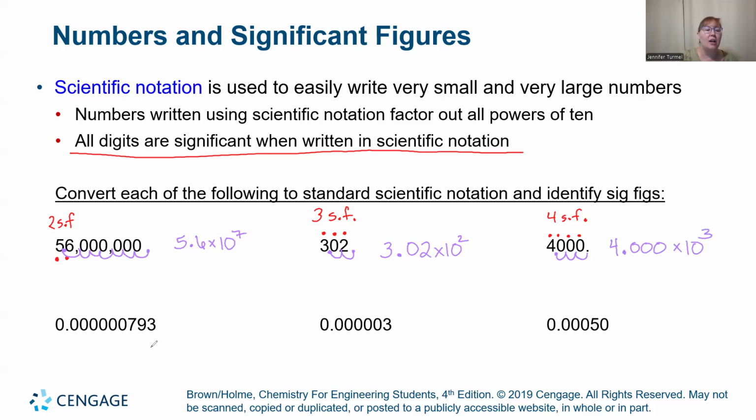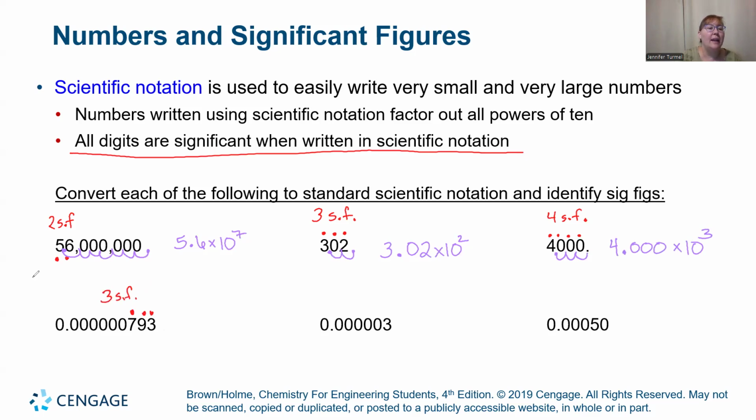Now let's take a look at this one here. And then maybe I'll practice a couple going the other way just so that you can remember how that works. So here we have 1, 2, 3. So this has 3 significant figures.